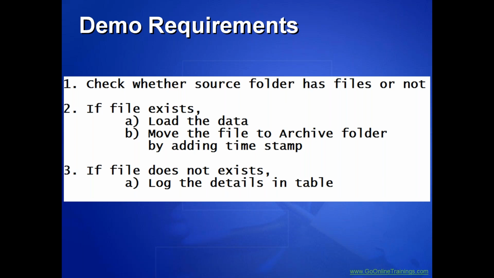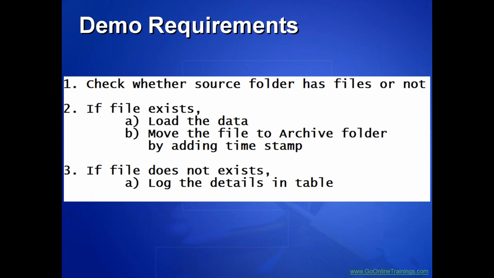Clear? In every company, whenever you get file data, they will ask how you are doing the process for the files. You can tell them that we have a source folder and the files will be moved from different applications. SAP people, mainframe people, those people get the data from the mainframe service and dump it into .txt files.